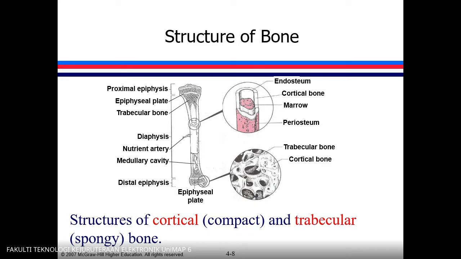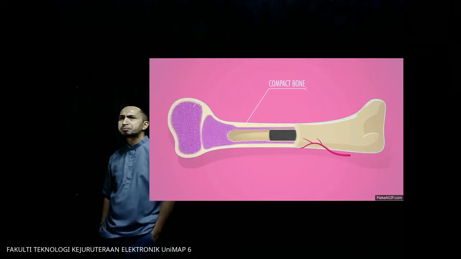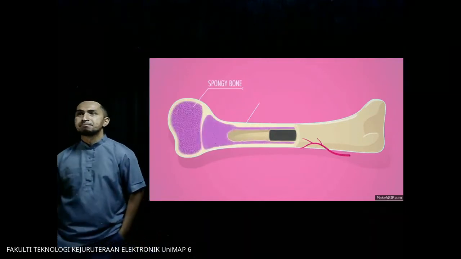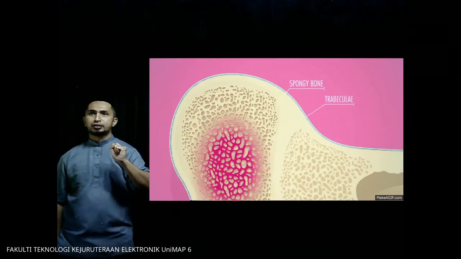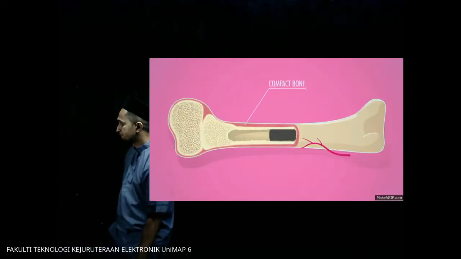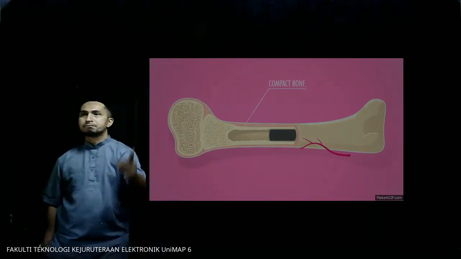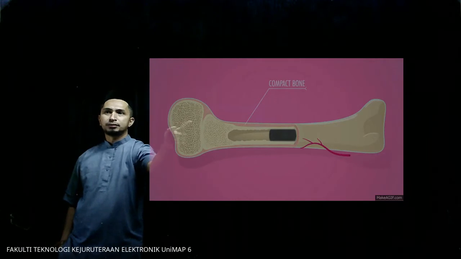So this is a figure. You can also find where the trabecular bone is and where the cortical bone is. From this animation you can see that spongy bone is the trabecular bone. This is trabecular bone.